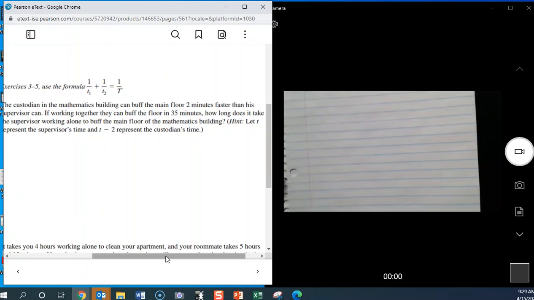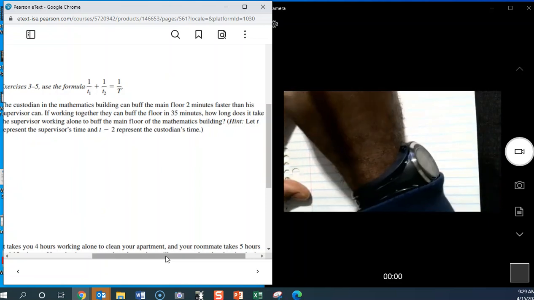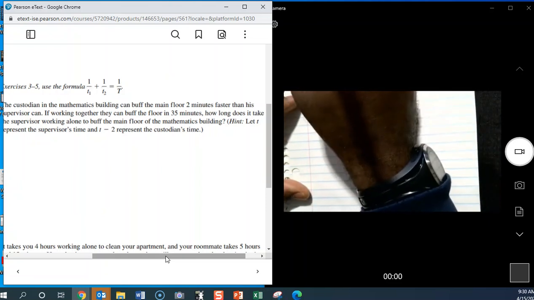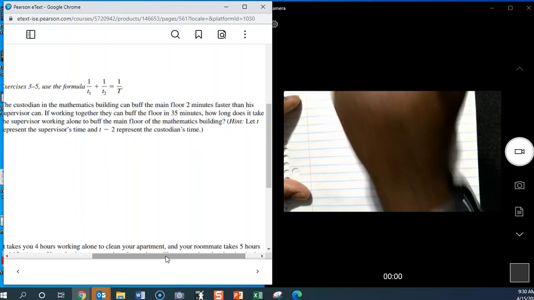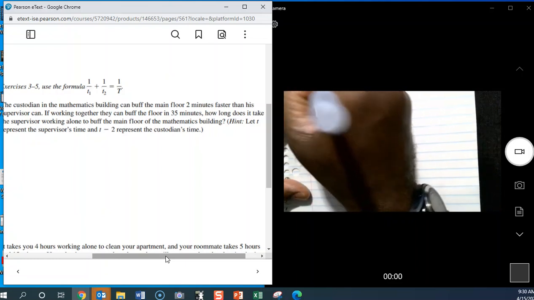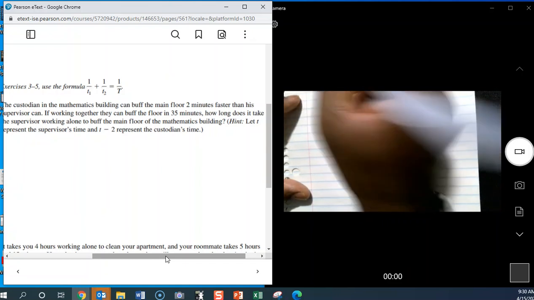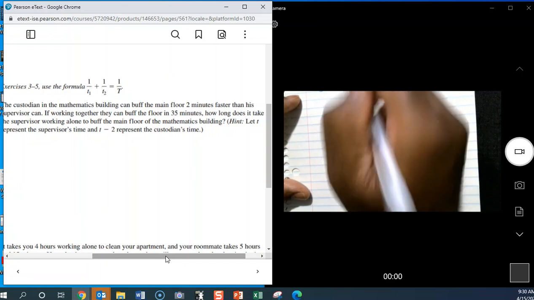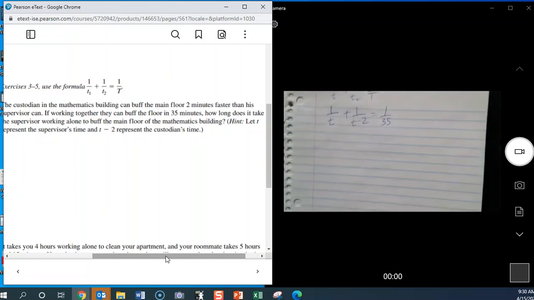So now, we could start this problem off with the formula. And then we will have 1 over t plus 1 over t minus 2. Now this is the supervisor, this is the custodian, and this is the total time it takes.